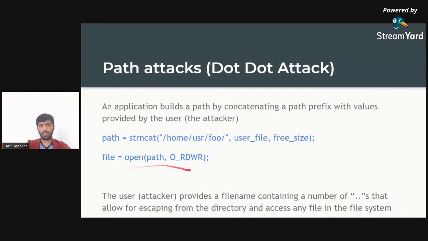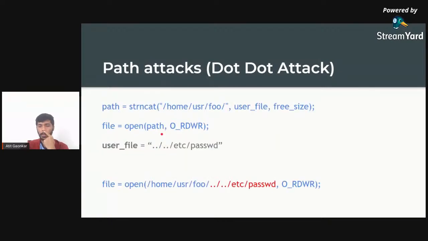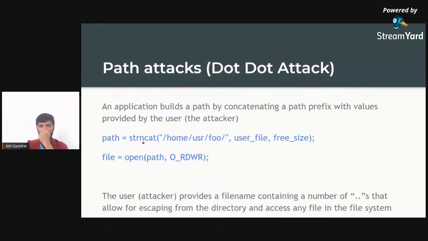Now, say you have that small snippet of code. This is basically in C, so I guess you should be able to understand it. What this does is it creates a variable path and stores a value which is a string concatenation of length n of variable a, of variable b, of some free size.